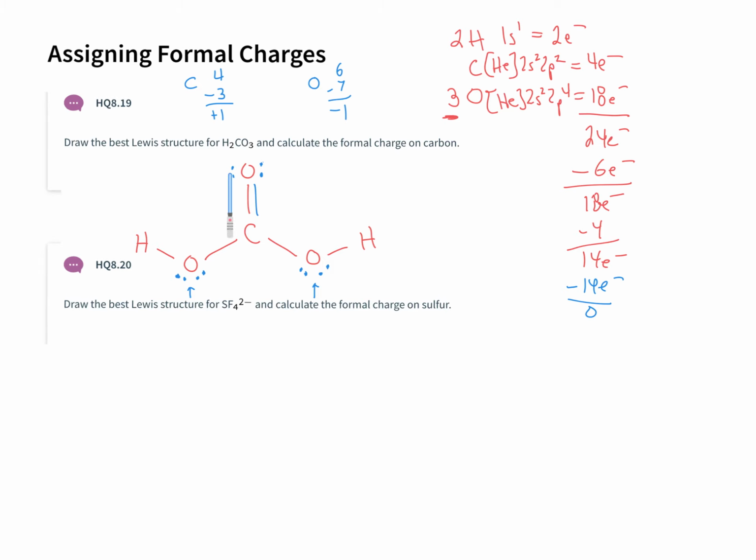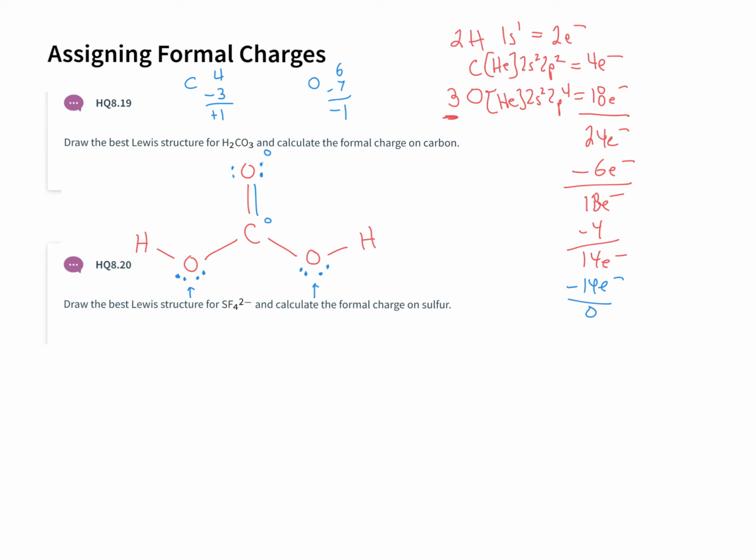Oxygen is group 6, 1, 2, 3, 4, 5, 6, so 6 minus 6 is 0. Carbon is group 4, 1 electron for each bond, 1, 2, 3, 4. 4 minus 4 is 0. This is clearly a better Lewis structure because none of the atoms are carrying a charge. And the formal charge on carbon is 0.